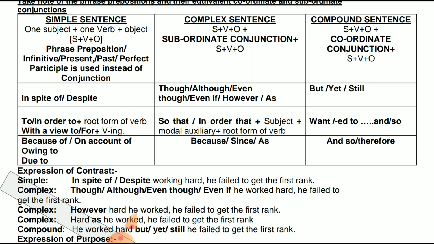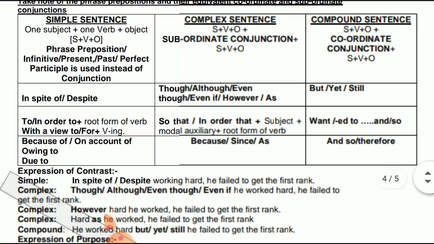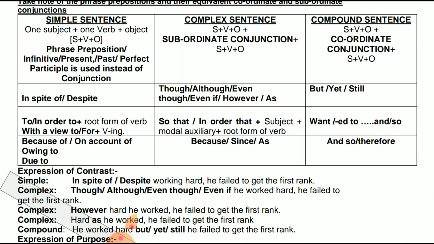Now, this in spite of, despite, though, although, even if, however, as, but, yet, or still, all these words show contrast. Whereas the second point that we are doing is, to plus root form of verb shows purpose.